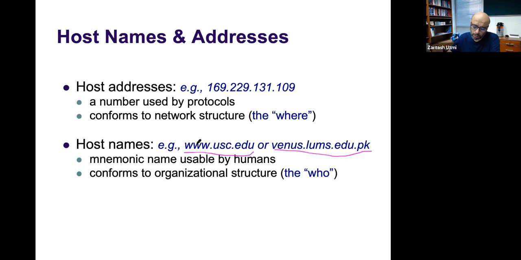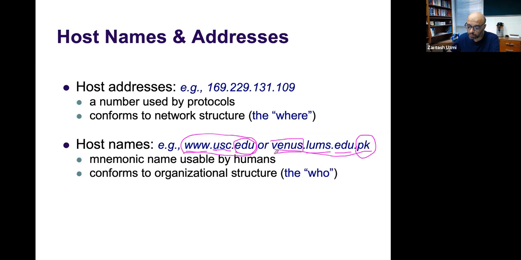Now, you might also notice that these host names are sort of hierarchical, and that .edu tells you that it's an educational institution, then perhaps the name of the educational institution, and then www with that. Similarly, .pk tells you that the host is in Pakistan, which is the top level domain. Edu indicates that it's an educational institution, then the name of the institution, and then the name of the machine inside that institution.